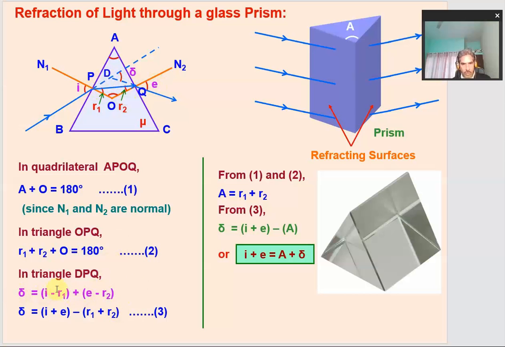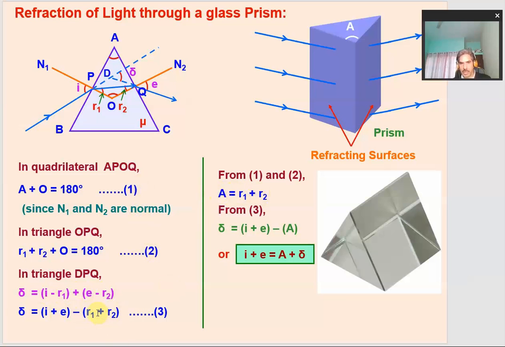Now we are just rearranging these. I plus E are put together, and R1 and R2 are put together. So it is R1 plus R2, and from equations 1 and 2 we already know that A is equal to R1 plus R2.